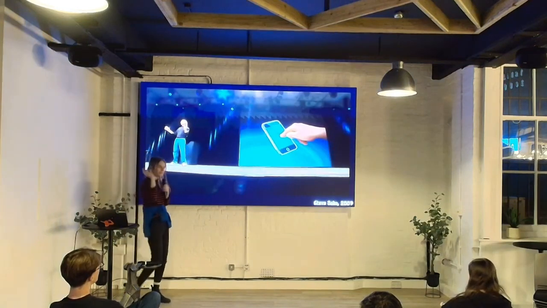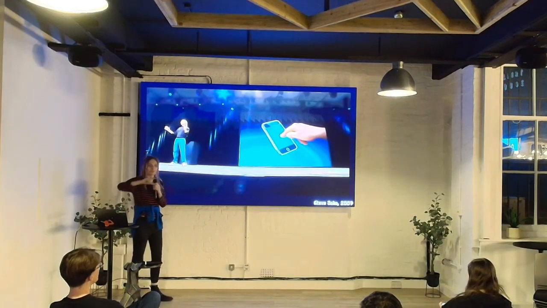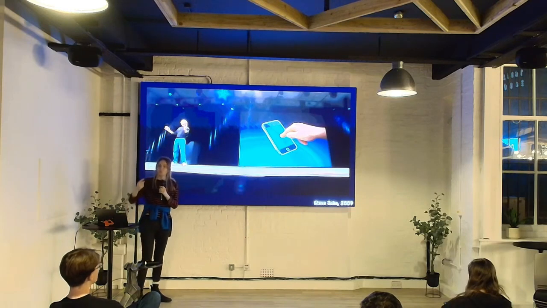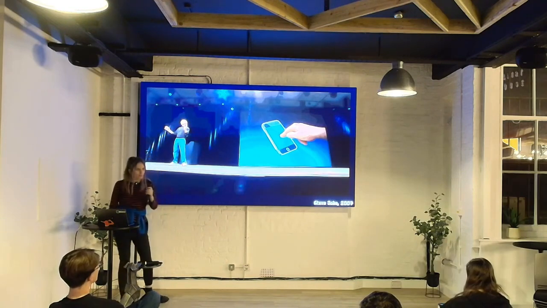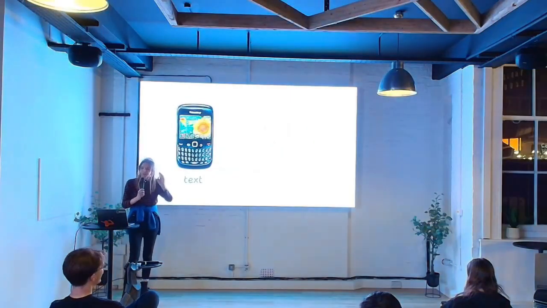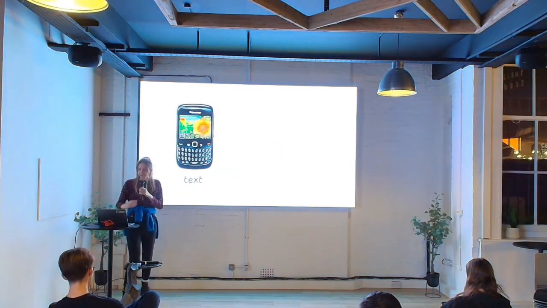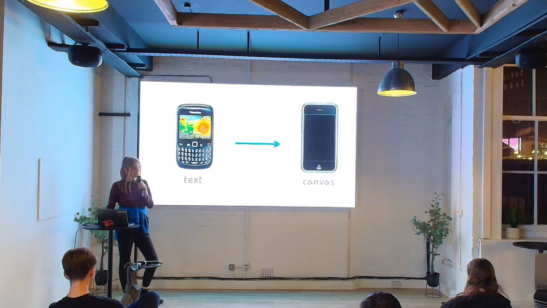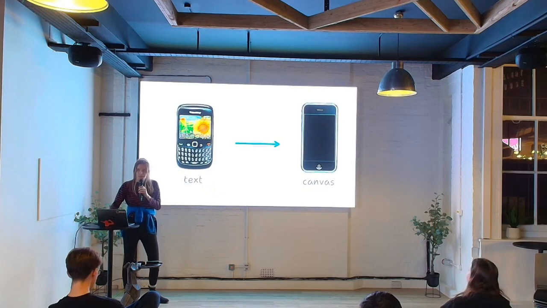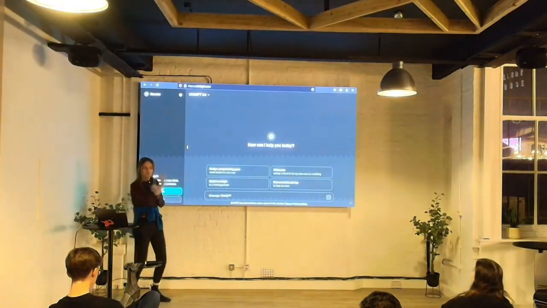And Apple presented this different idea of instead using the screen, the canvas. And you don't point with an arrow, you point with your finger, but we're still pointing. You're following, right? Okay, so you see what's happened here. Mobile phones started with text and they moved to the canvas. Who knows what this is?